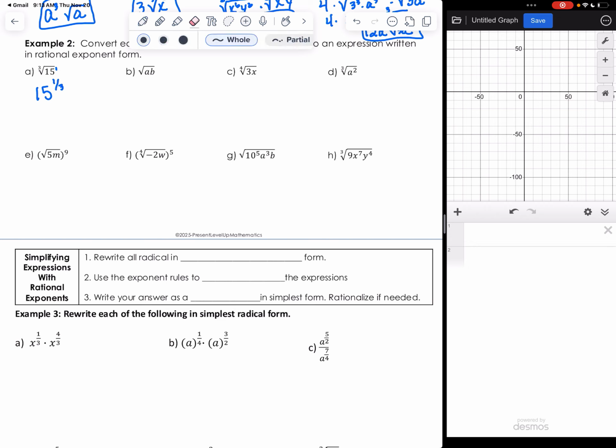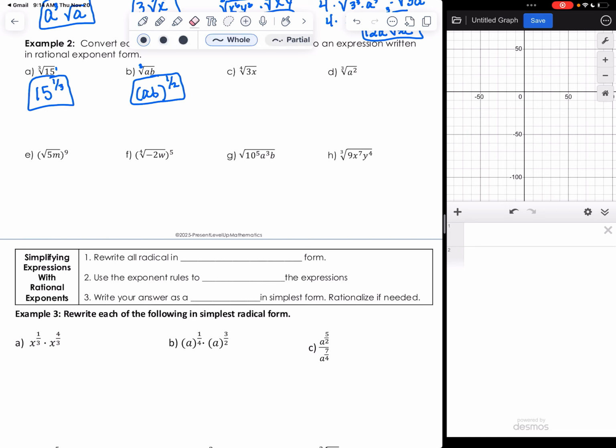Remember, whatever your root is, it's always going to be your denominator. Okay. Problem B, we have the square root of AB. So this is an index of 2. So our denominator is going to be 2. So this will be AB to the 1/2 power.